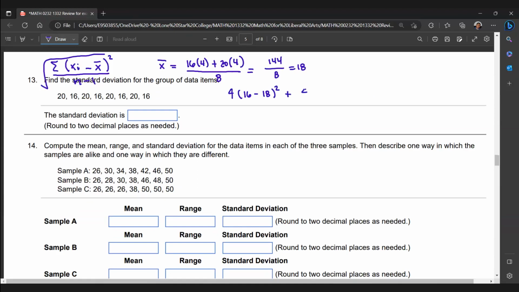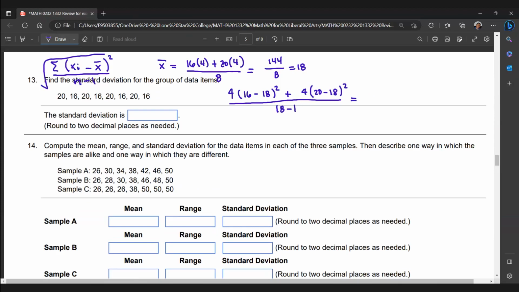Plus, same idea, 20 minus 18 quantity squared, also 4 times. All of this will be divided by 18 minus 1. So let's do that.